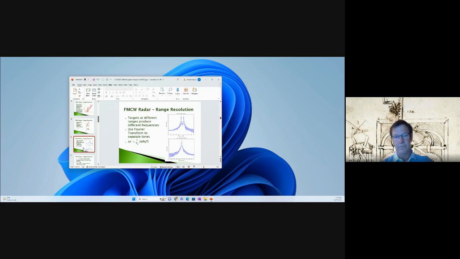Fourier transforms are interesting because in the time domain we have lots of time resolution but no frequency resolution, right?